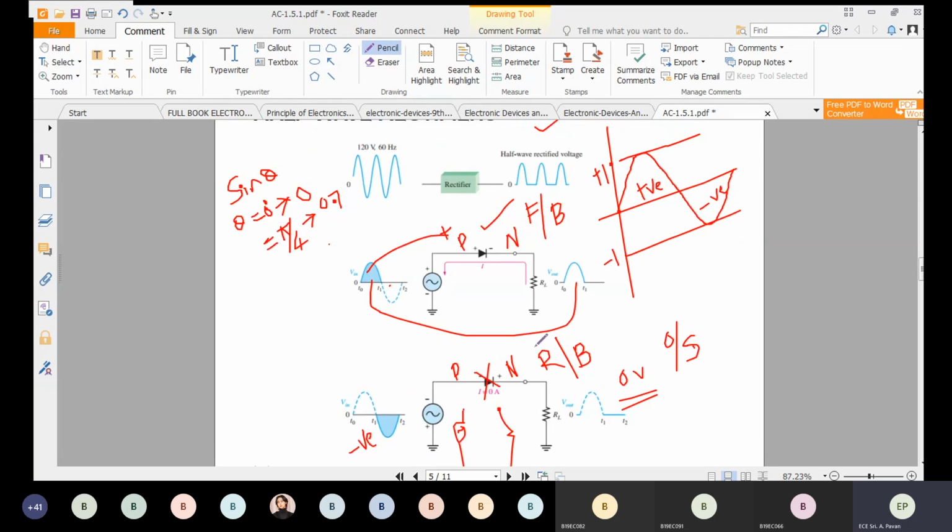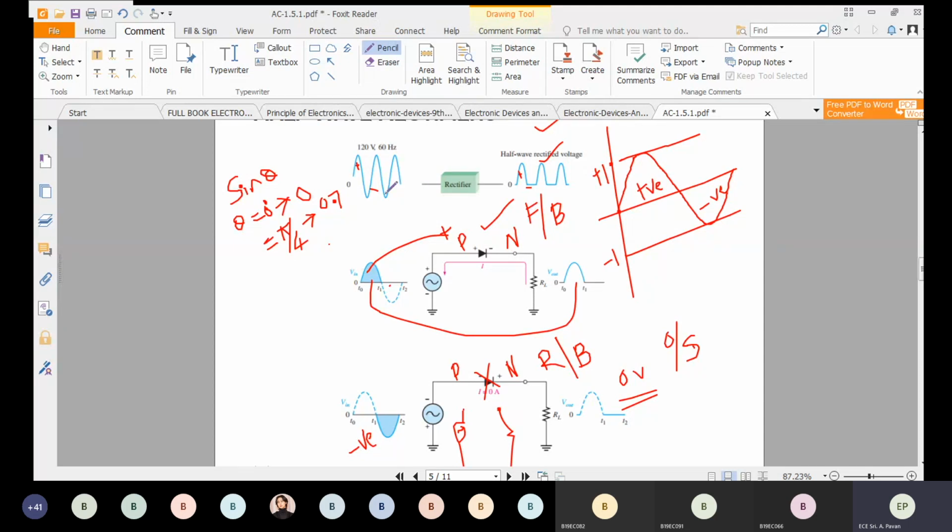Now put this all together. For this positive half cycle, we are getting a positive half cycle. For this negative half cycle, output is 0. Again, we will get one more positive half cycle, the second positive half cycle. For the second positive half cycle, the diode is forward biased. That's why we'll get the output same as input.